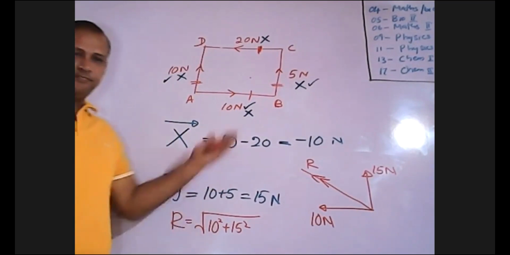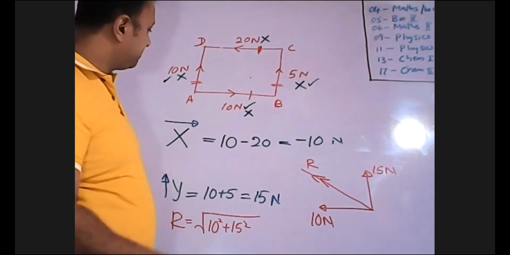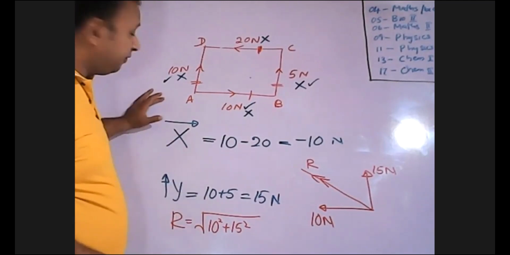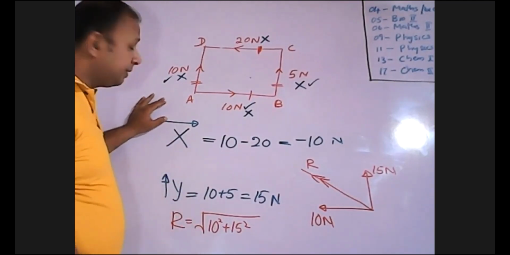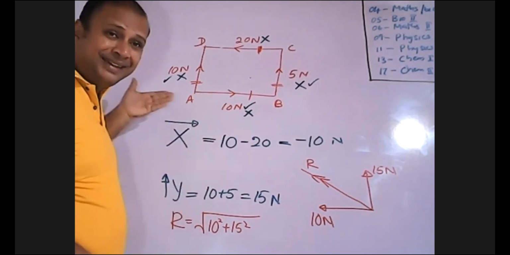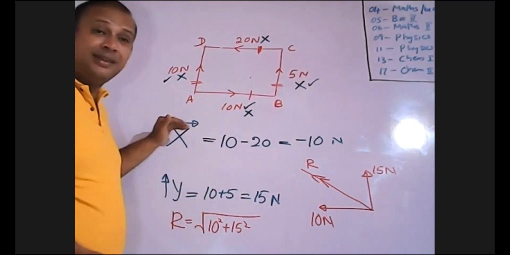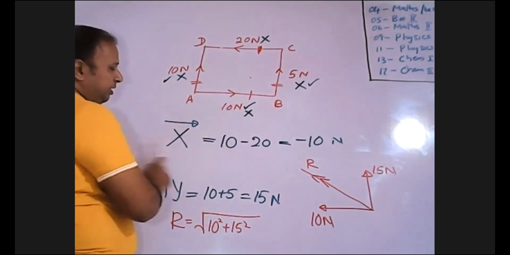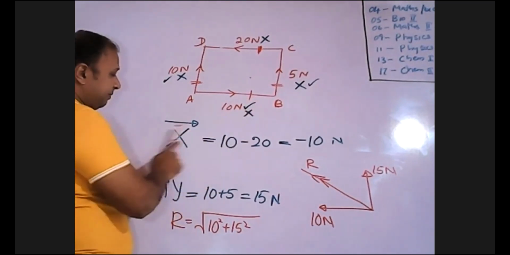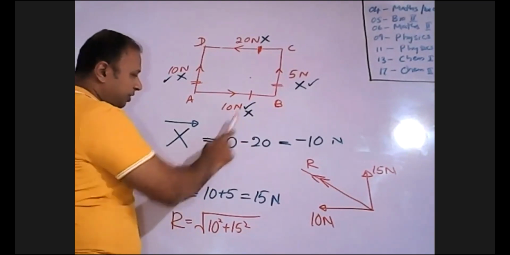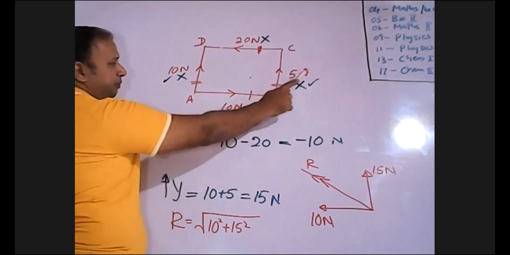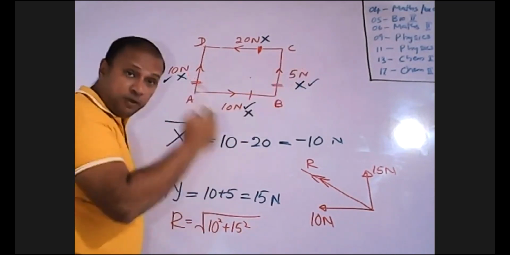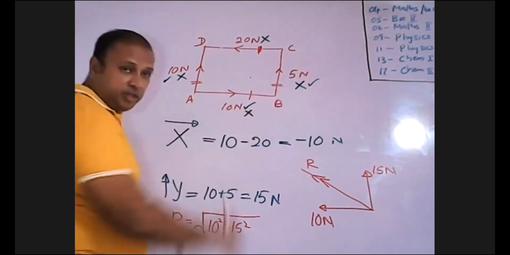Okay. Do this. How do we do this? First, you have to take the resolved component in x direction. You can clearly see 10 Newton is on the right hand side, in the positive direction, so it is positive. There won't be any component from 5 Newton because it is perpendicular to the x direction.